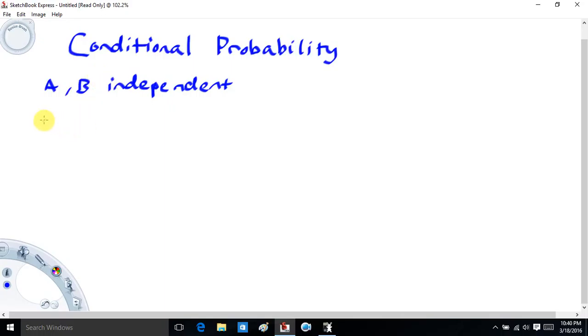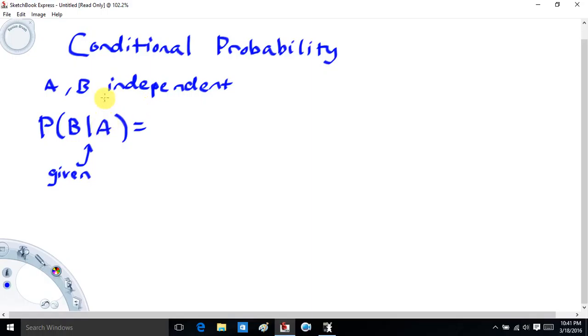So the notion of conditional probability involves the following. What this is saying is, if event B happens, given event A, what would the probability be?